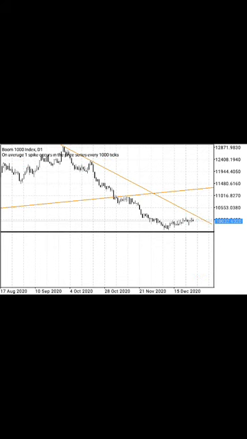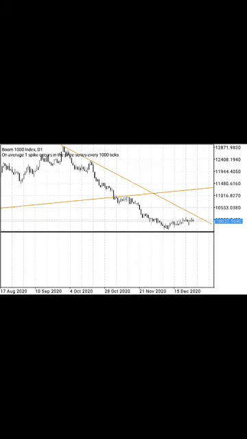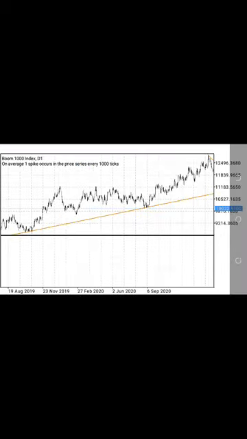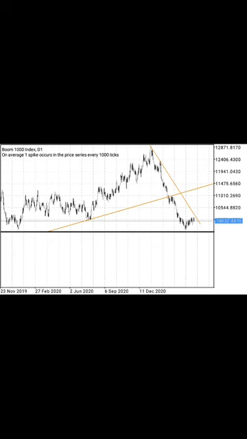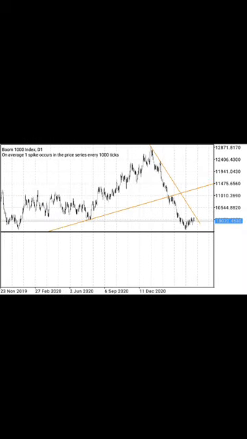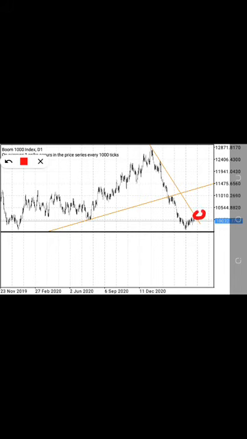So for people that are B1000 traders and lovers, watch out for an impulsive downtrend. However, if the market by any chance breaks through this trend line, what I'm expecting the market to do is to bounce back at this support level. So let's just be on a watch out.